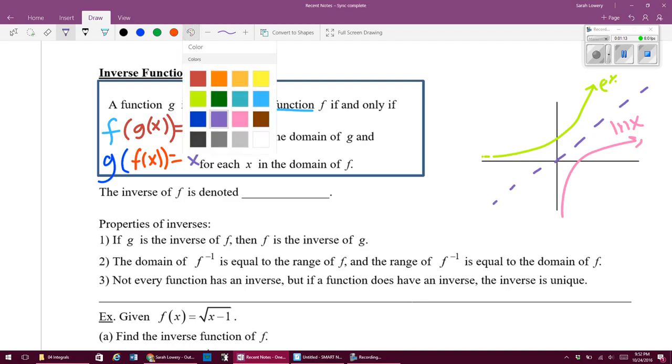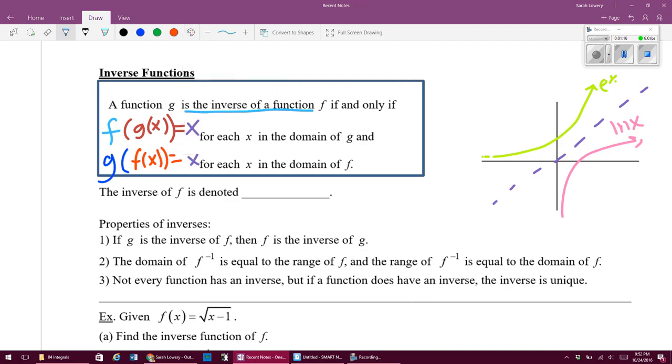And we learned in algebra 2 and in pre-cal that we use f inverse as our notation for the inverse, okay?